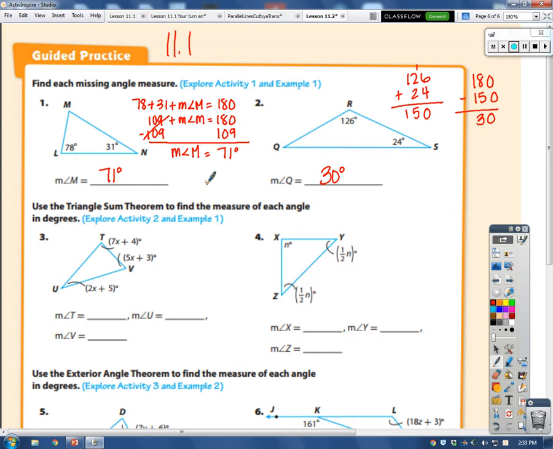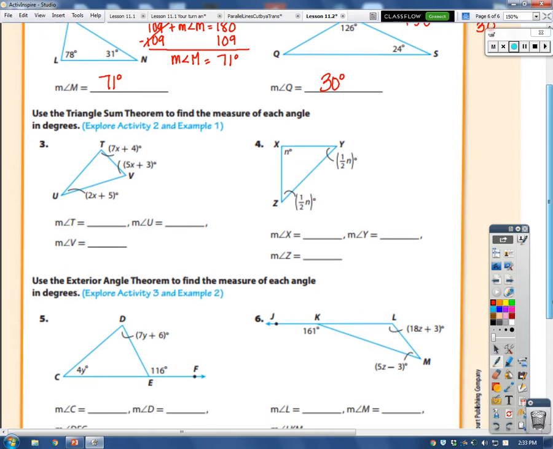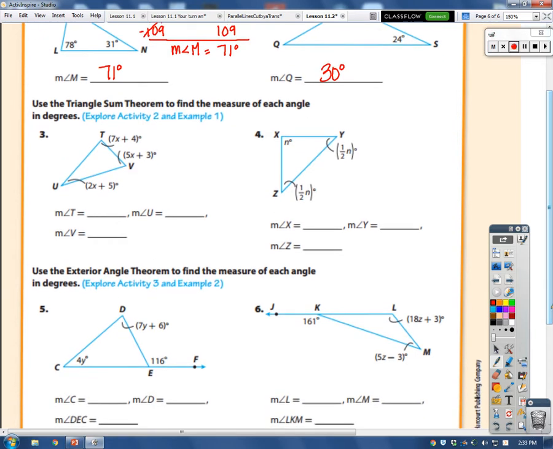All right, number 3 and number 4, we are asked to use the triangle sum theorem to find the measures of each angle in degrees. So again, we're using what we know, that all the angle measures need to add up to 180 degrees. So they give us little expressions here that we can set equal to 180 to solve for those angle measures.